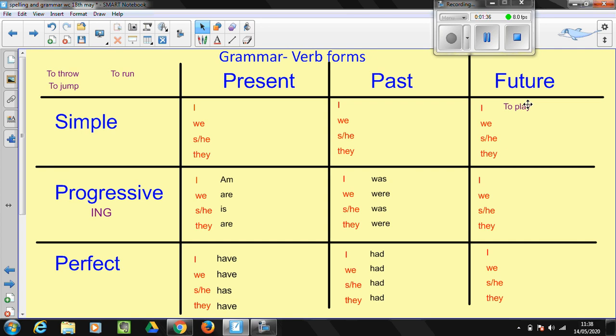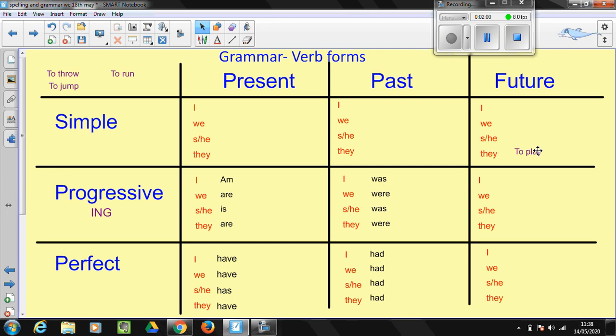If it was in simple future, it'd be I will play, we will play, he or she will play, and they will play. Simple verb form has no other auxiliary verbs, those black ones that I've got on the page, helping it out. I think that's why they call it simple.